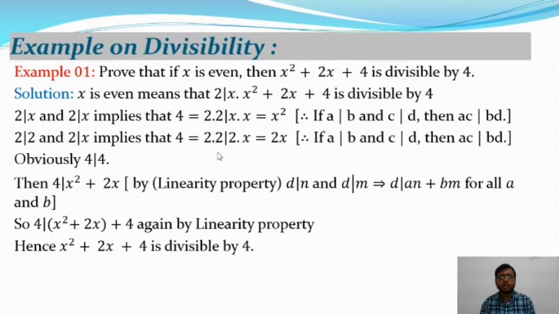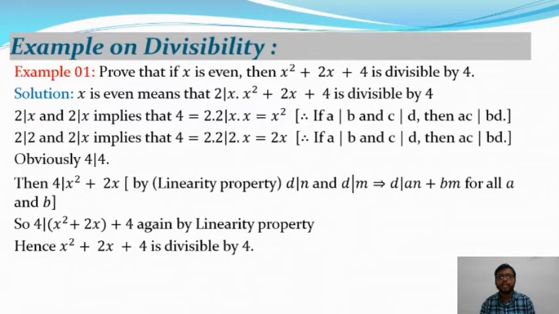So 4 divides 2x, and obviously 4 divides 4, since 4 is always divisible by 4. So for the first case, x square is divisible by 4; for the second, 2x is divisible by 4; and for the third, 4 is divisible by 4. That means 4 divides x square, 4 divides 2x, and 4 divides 4.